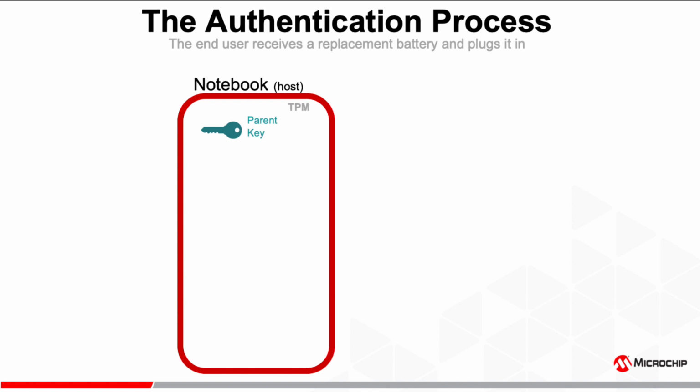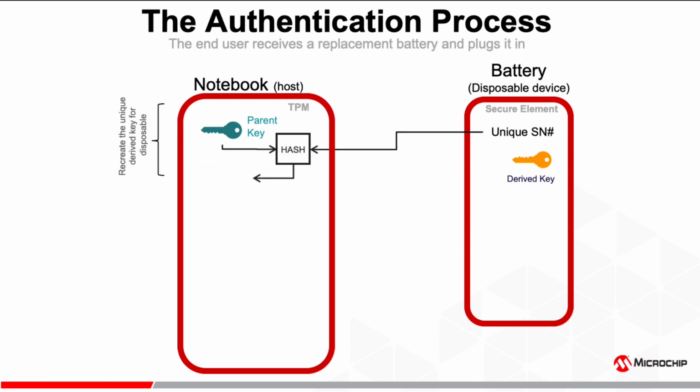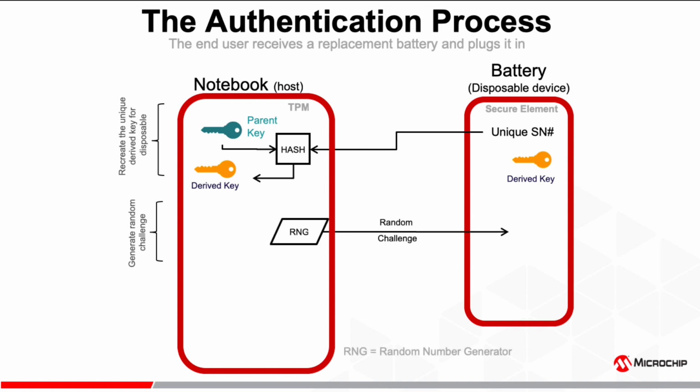Let's imagine a customer with our notebook computer goes out and buys a new battery, and they bring it back to the house and slide that battery into the notebook. The first thing the notebook will do is ask for the unique serial number so it can recreate that unique derived key. Once it recreates that unique derived key, it will then generate a random challenge to the battery.